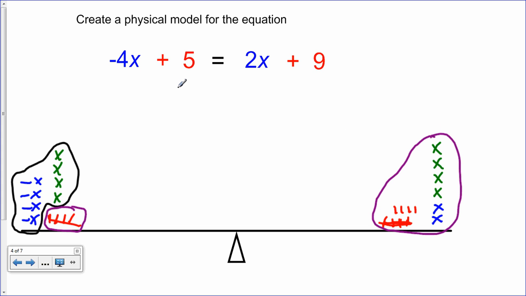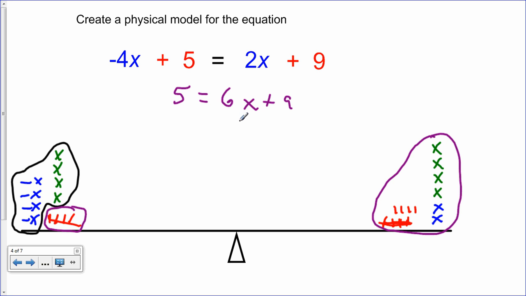So what we have now is 5 equals, how many x do I have over here? I've got 6x plus 9. And now we're in familiar territory again where you can use Xbox like we've been doing. We've gathered the variables to one side of the equation.